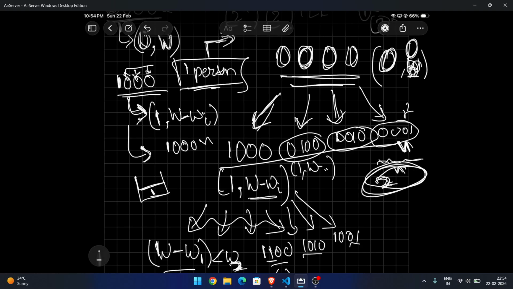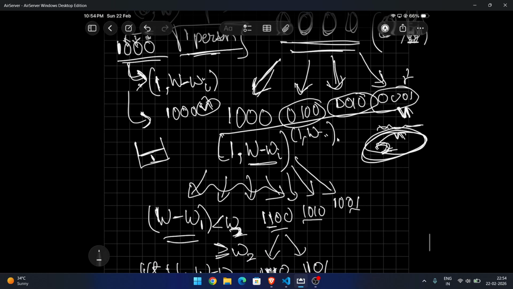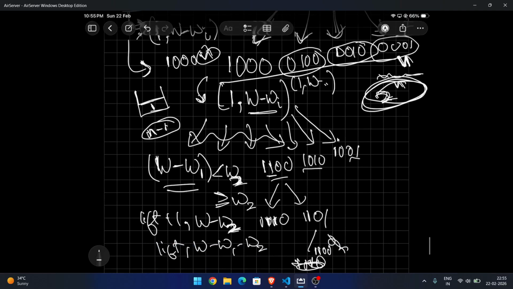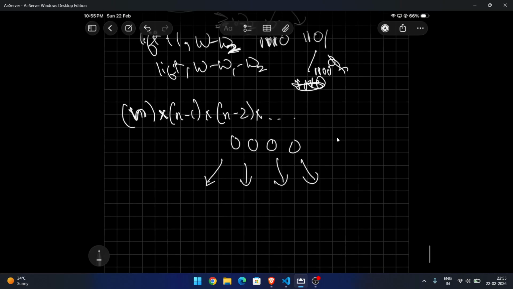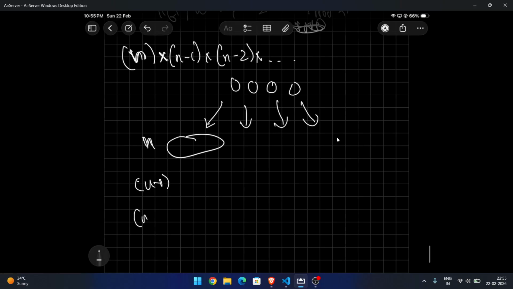So that is n. Now that is decreasing by each height, meaning as we go deeper, the number of states decreases. For the first call, 0000, there would be n possibilities. For each of these n possibilities, there would be n minus one possibilities, and so on. So the time complexity would be n factorial.